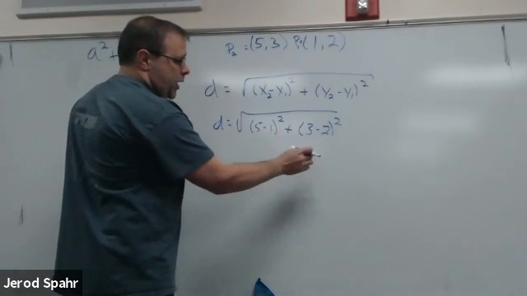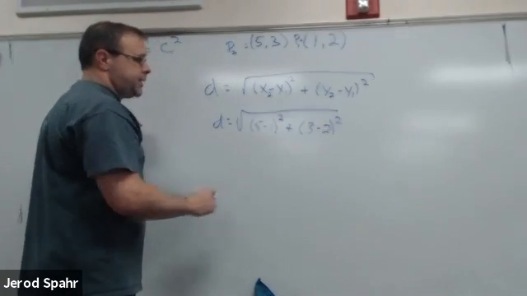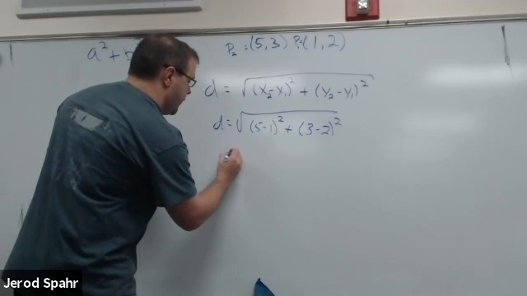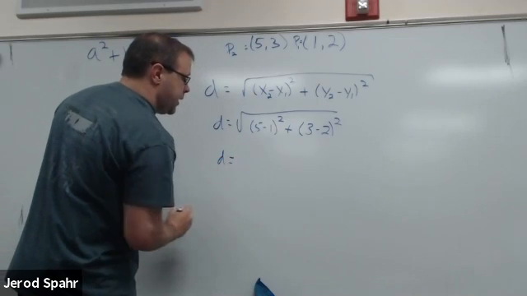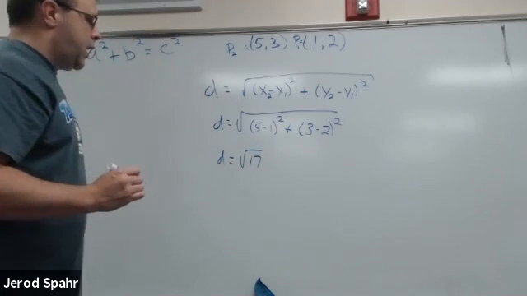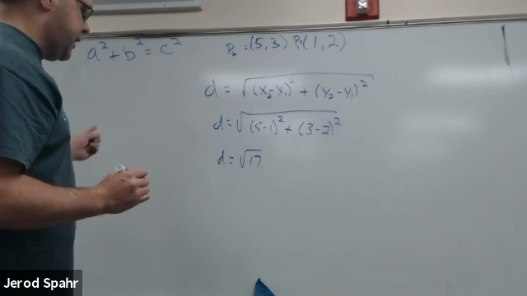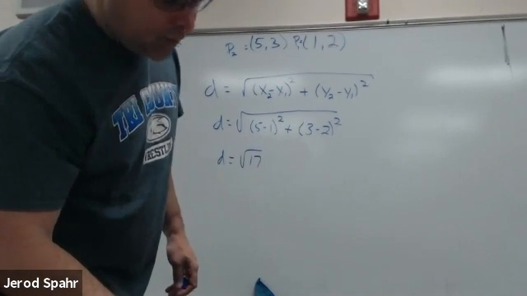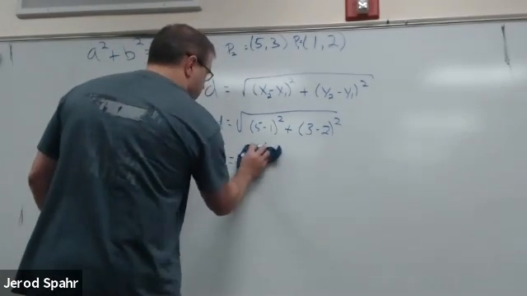So I have 4 here, I have 1 there, 4 squared is 16, 1 squared is going to be 1. So I have d equals square root of 17. 4 squared, gotta make sure I follow through.